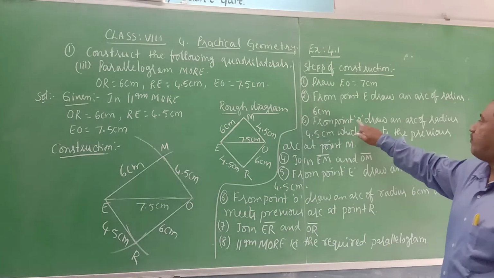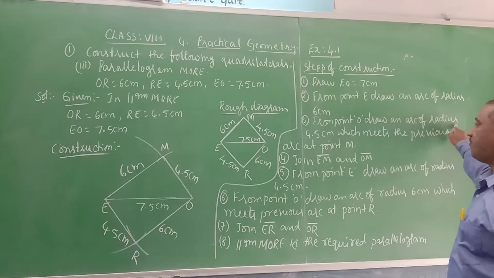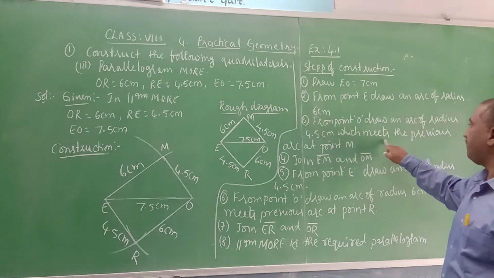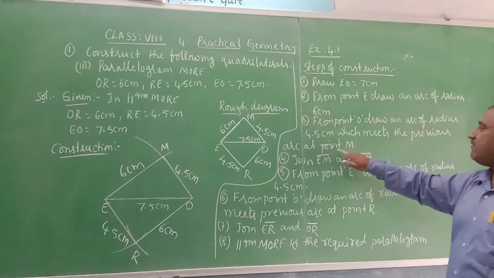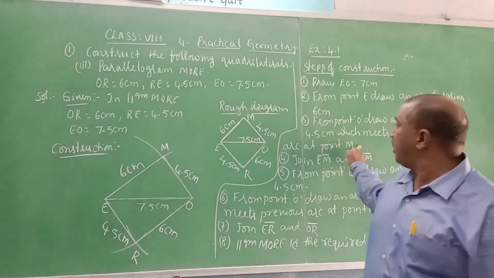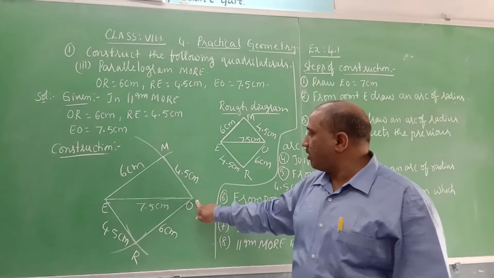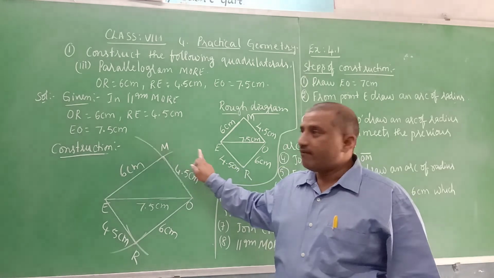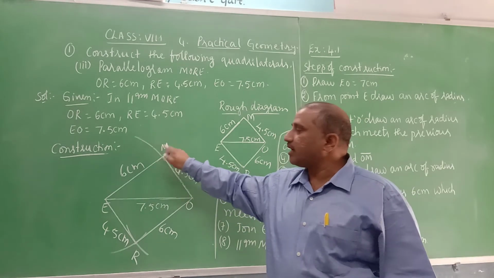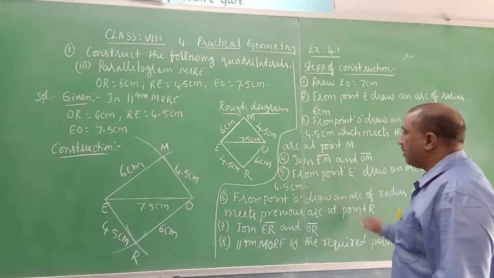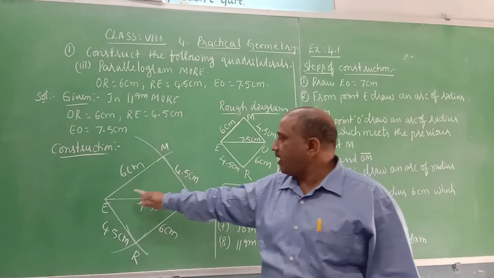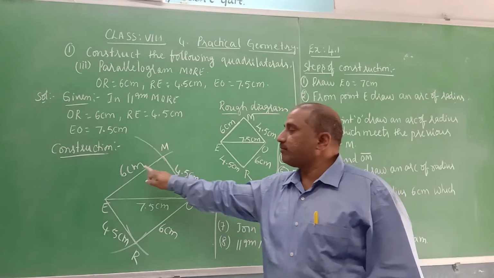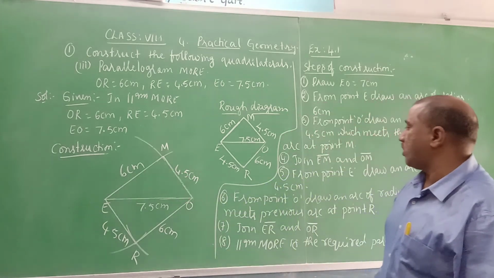Third step, from point O, draw an arc of radius 4.5 centimeters, which meets the previous arc at point M. Now fourth step, join EM and OM. These two line segments are to be joined.